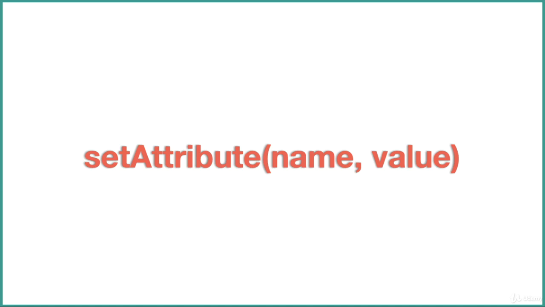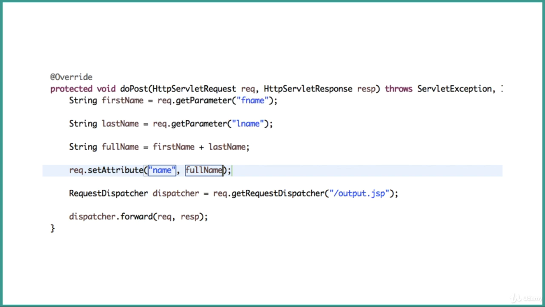Anytime we want to access a value, we will access it with the help of this name. So inside the servlet, we will write it like this: request.setAttribute, and we will specify a key, which is nothing but a name, and an object, which is nothing but the full name.